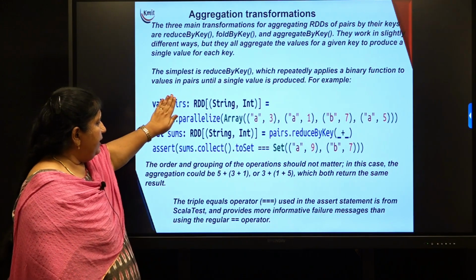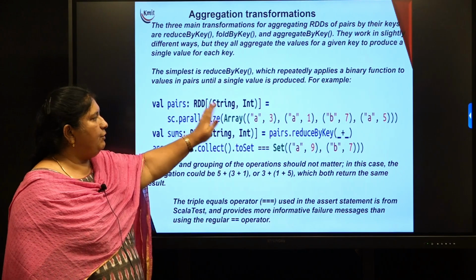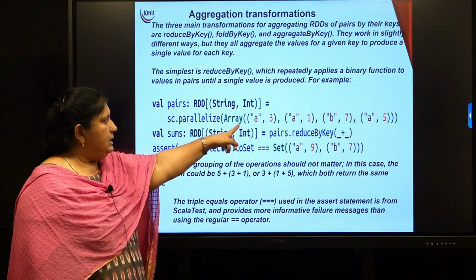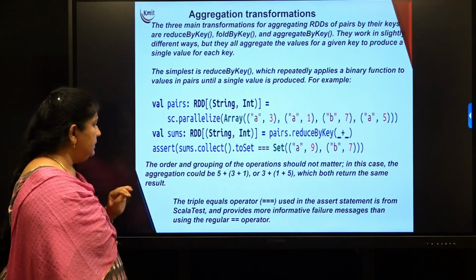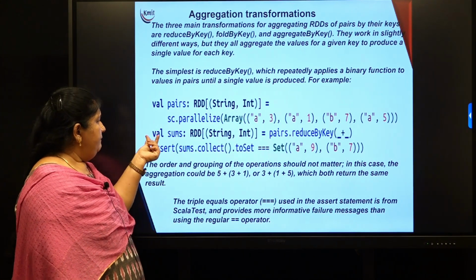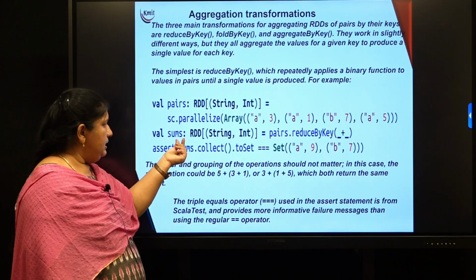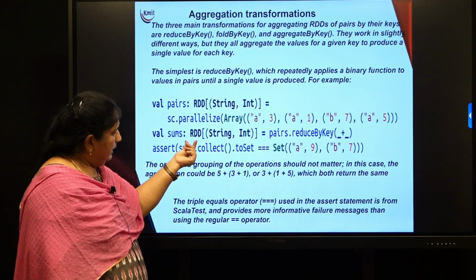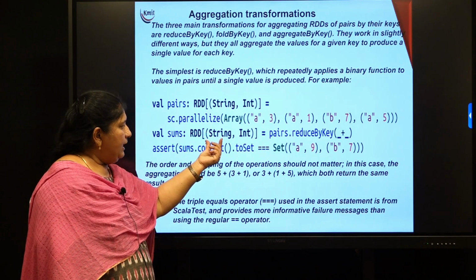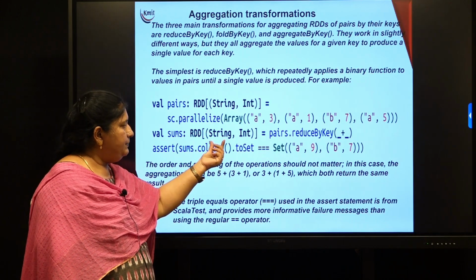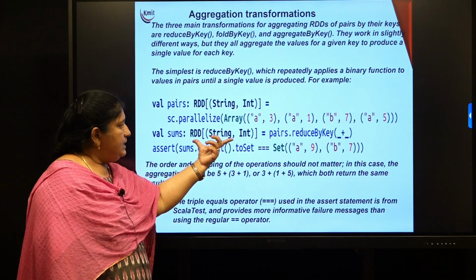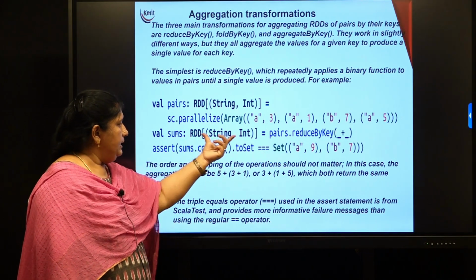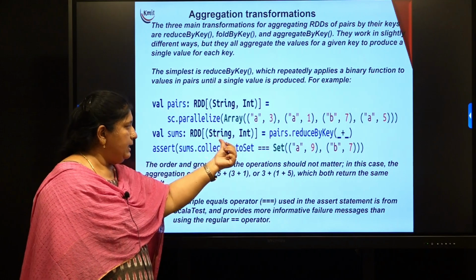So you have defined an RDD consisting of key value pairs, key of string type, value of type integer. Then you are specifying sums, an RDD again, with key of string type and value of integer type. Now, the return type is an RDD; sums is of type RDD.